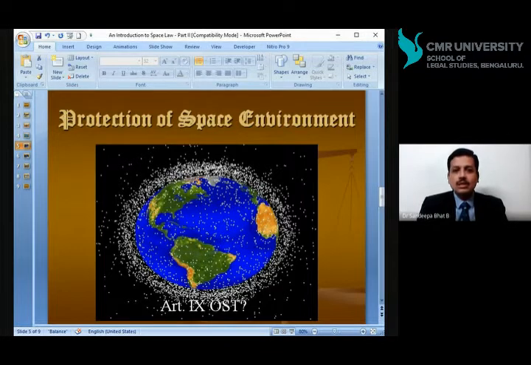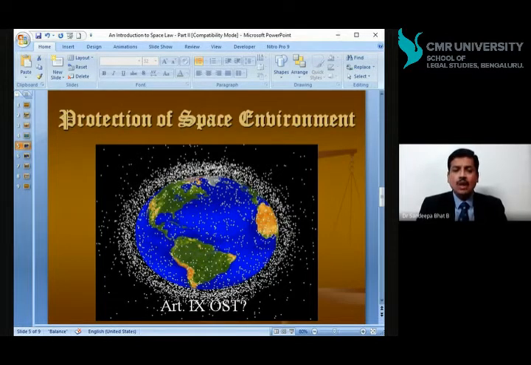Some of the space objects do carry nuclear power sources on board them. So consequently, there might be possibility of radiation emission or even the interference of the signals causing a lot of problems. So there are multiple sources of the space pollution, and the scientific community has devised several plans, but unfortunately, they have not been very successful in mitigating the environmental damage in outer space and celestial bodies.